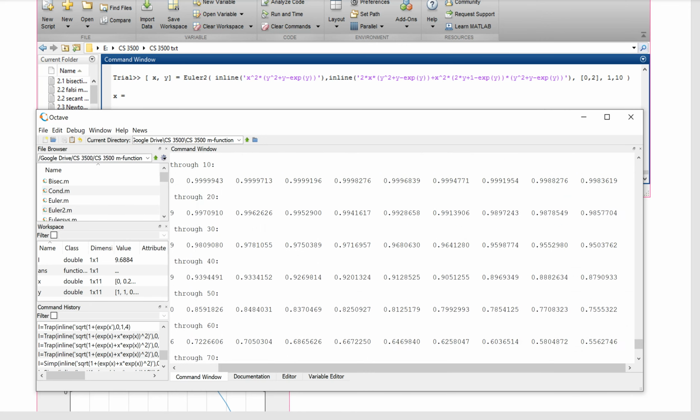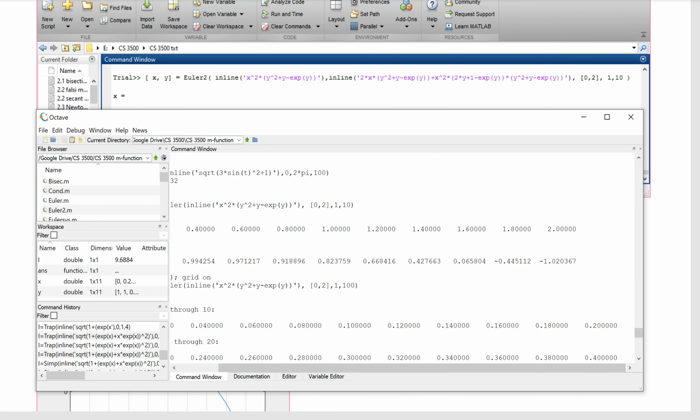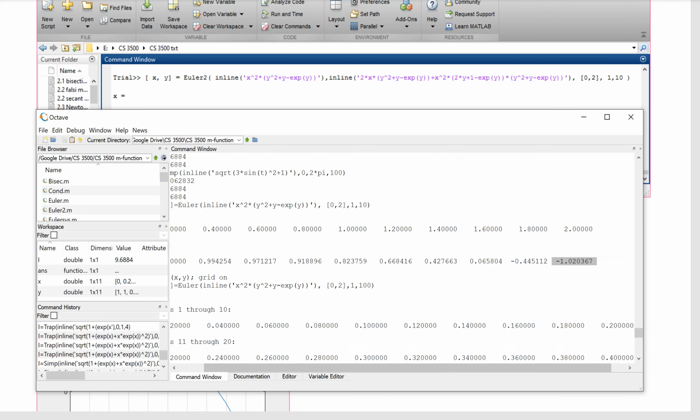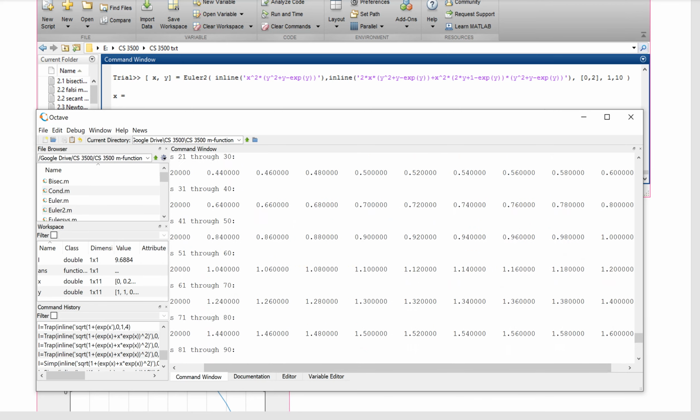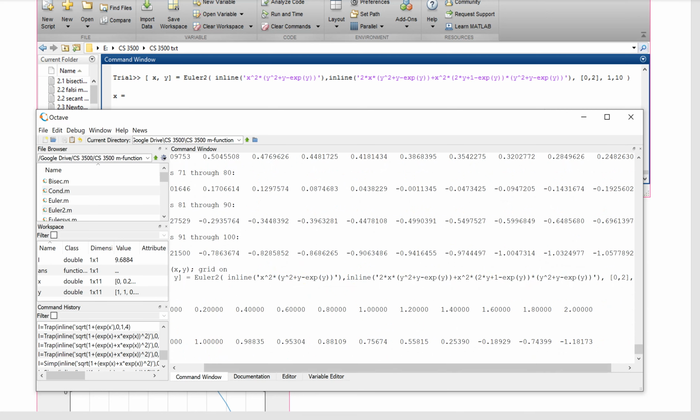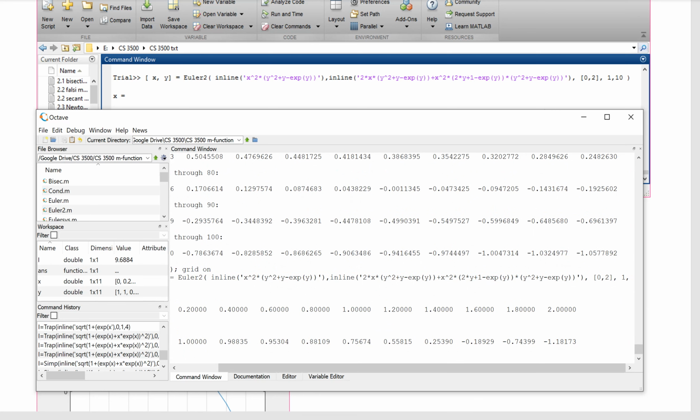Okay, and if we just do Euler's method with 10 steps, we get minus 1.02. Let's see which one is closer. Keep in mind, minus 1.02, and this is minus 1.18. That is minus 1.05778.